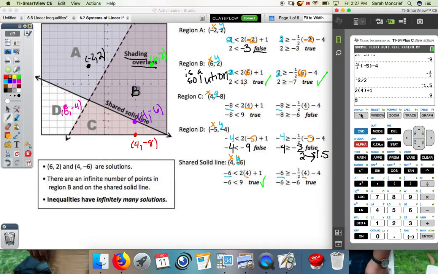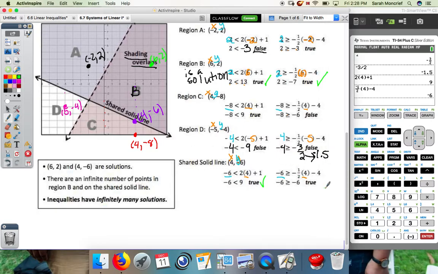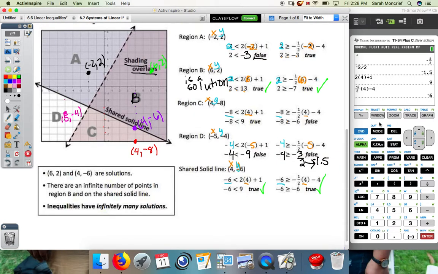So we have y equals negative 1 over 2 times 4 minus 4. And what do we get? Negative 6. We have negative 6 is greater than or equal to negative 6. Is that true? Yeah, they're equal, so it's true. So that means it works out for both of them. Perfect, it does. So that means this one is a solution.